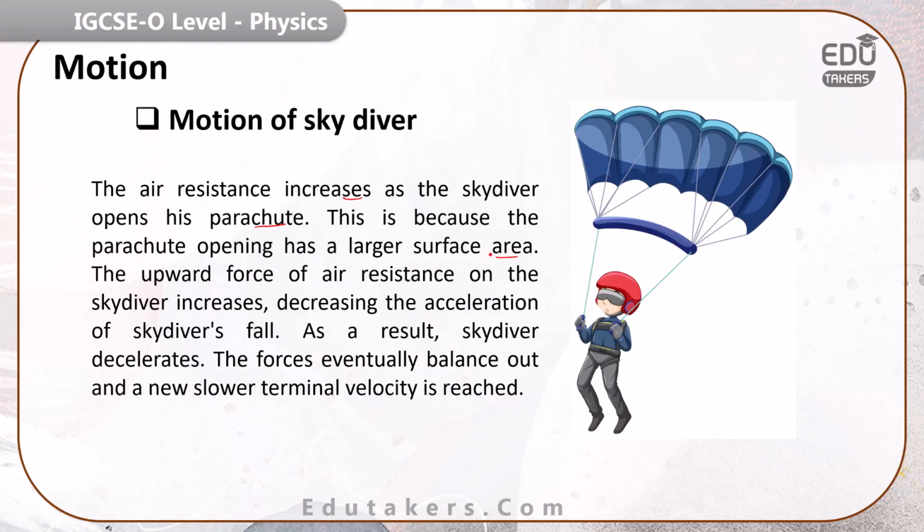When the surface area is large, of course the air resistance would increase. Air resistance is basically the upward force and it increases with the increase in speed of that skydiver. The upward force of the air resistance on the skydiver increases. As the upward force increases, the acceleration of the skydiver decreases.